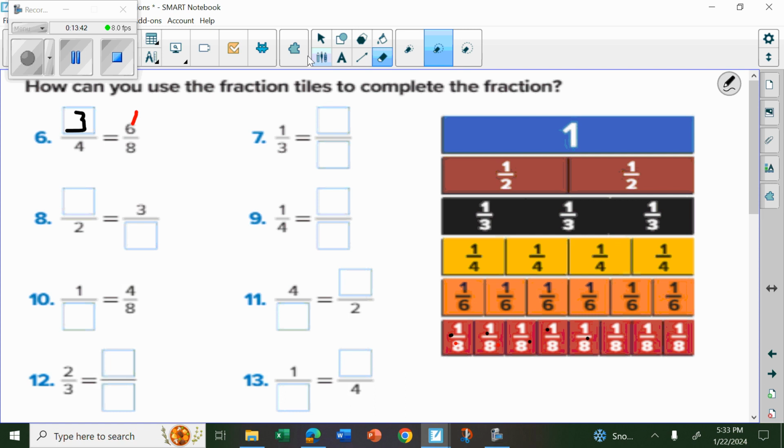And let's try another one. We have 1/3. Oh, that's hard to see. So we'll do yellow. 1/3 right here. That's one of the thirds. Well, what equals 1/3? It's not going to be 1/2.